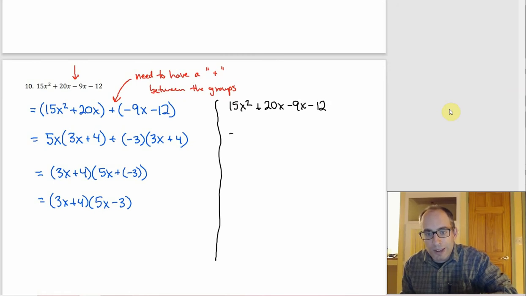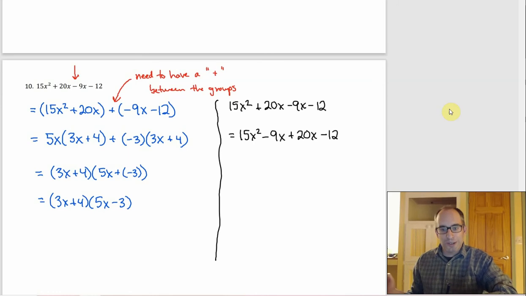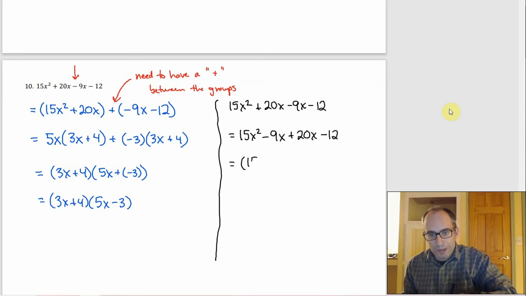What if you said that's equal to 15x squared minus 9x plus 20x minus 12? All I did was interchange those middle terms, but now I've got a plus in the middle. And this actually feels a little bit simpler, because then your groupings are going to look like this.